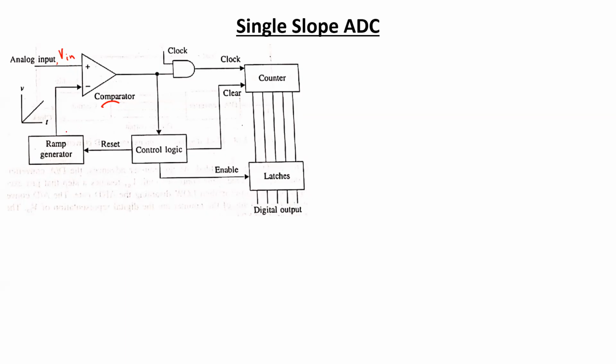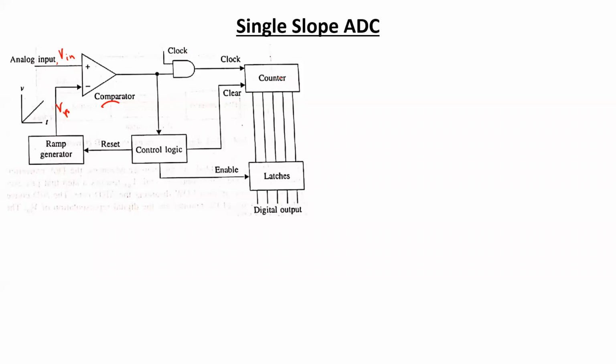Now this voltage is going to be compared with the voltage which is generated by this ramp generator. So we can denote it as VR over here. With respect to the comparison between these two voltages, the output of the comparator will either be high or low. Depending upon that, this clock pulse will be supplied to the counter and the counter will start counting. So this could be a type of decade counter. Different types of counter you have studied in your digital logic course.